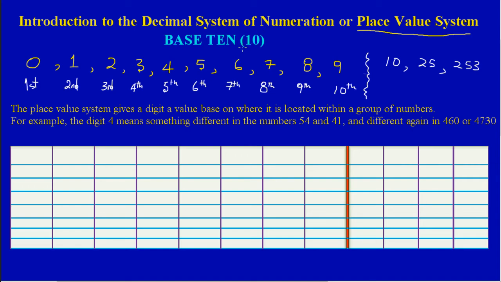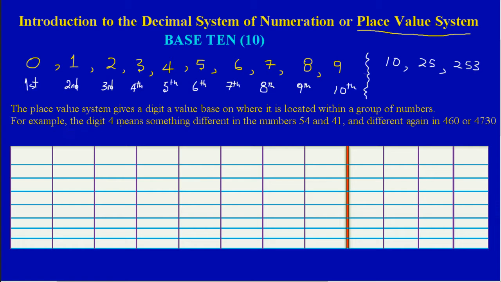In this video, we're going to be looking at the usefulness of the place value system. The place value system gives a digit a value based on where it is located within a group of numbers.